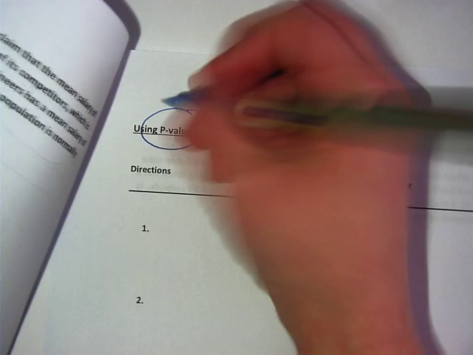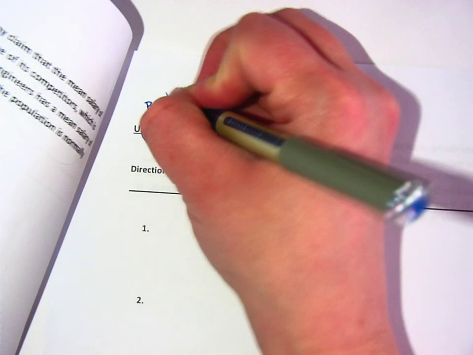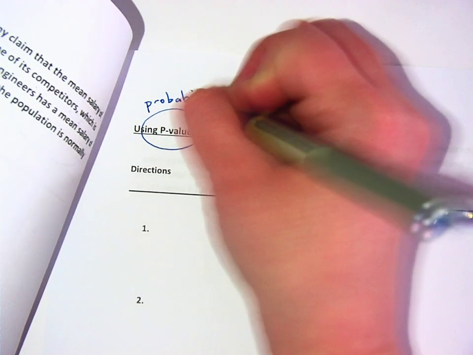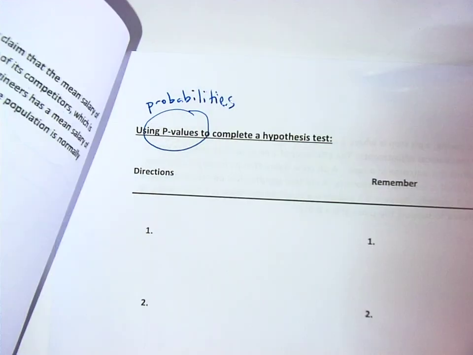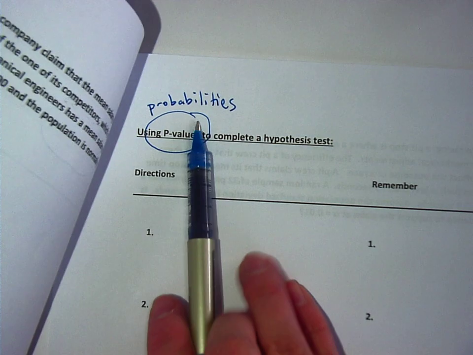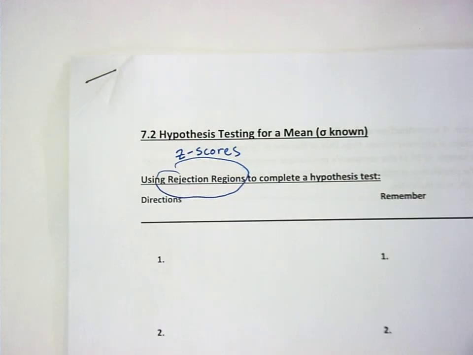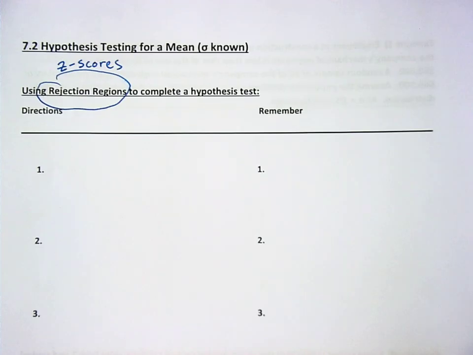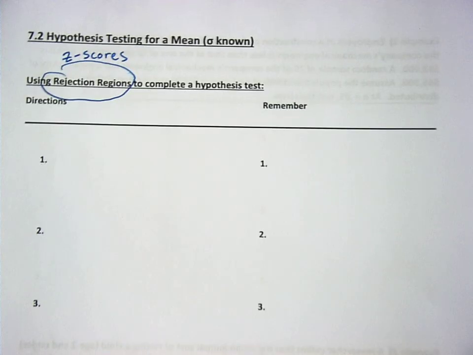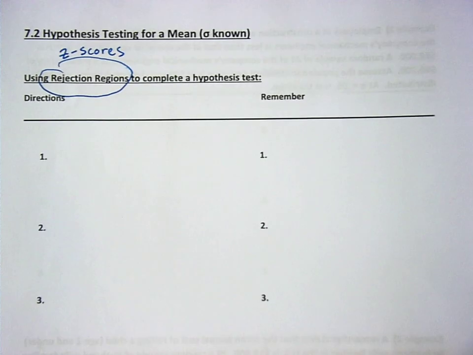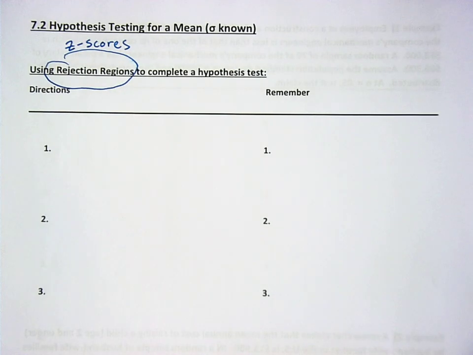And this one is comparing probabilities. And we're going to learn both kinds. Most scientists like to use p-values. I really like rejection regions. I mean, both make sense to me, but you can't just rely on one or the other because the AP test will ask you on both.